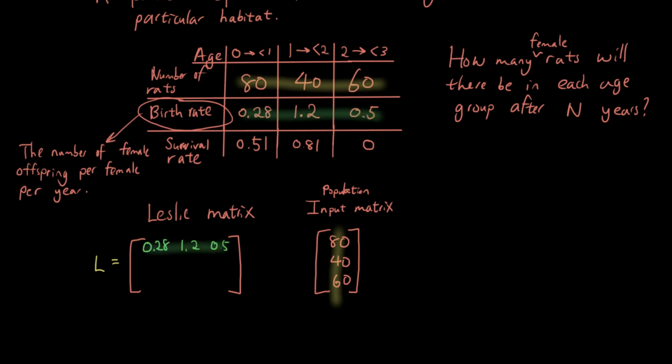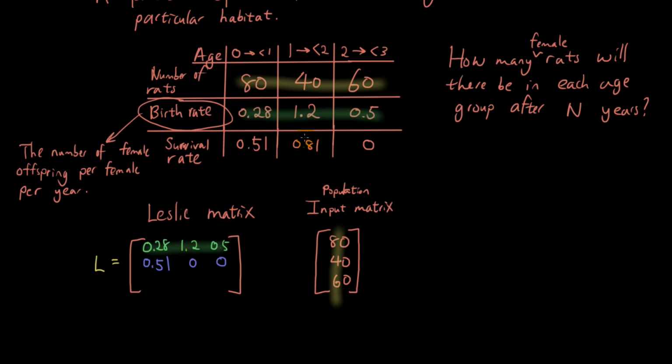Then the survival rate: you're going to put the survival rate for the first age group underneath the birth rate of the first age group, straight underneath it, and then fill in zeros for the rest of the second row.